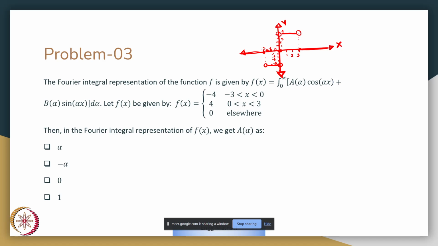Okay, and now we are asked to calculate a of alpha. So we can quickly see a few things. Firstly, that this is absolutely integrable over the entire real axis, and it is also piecewise continuous, meaning that an integral transform will exist.